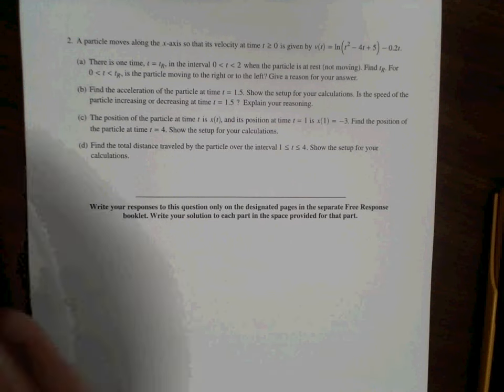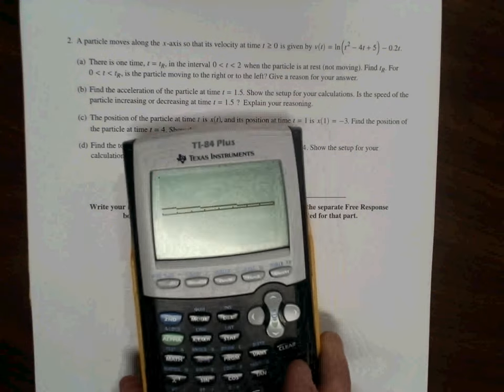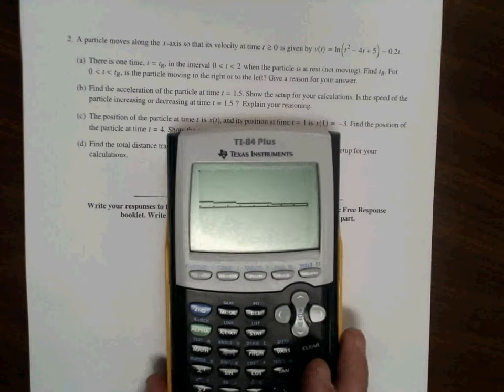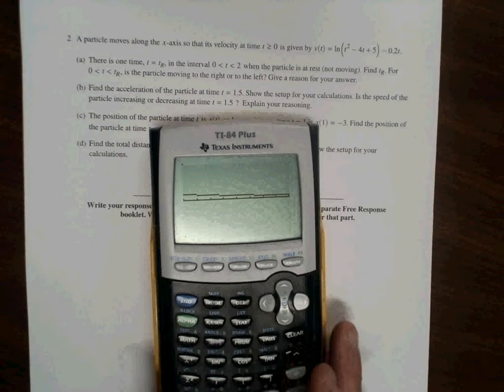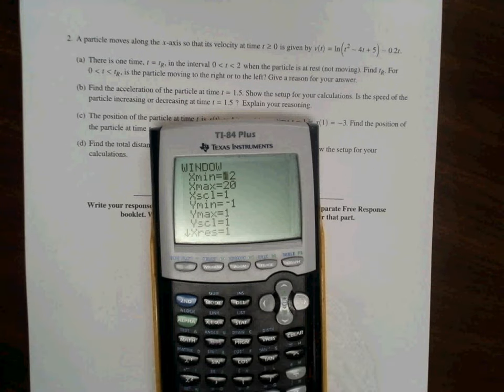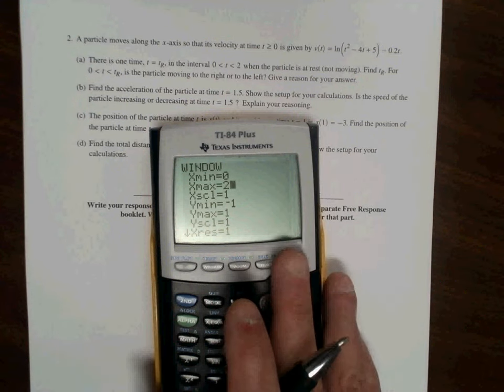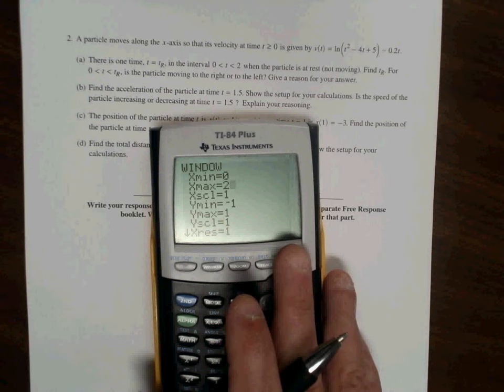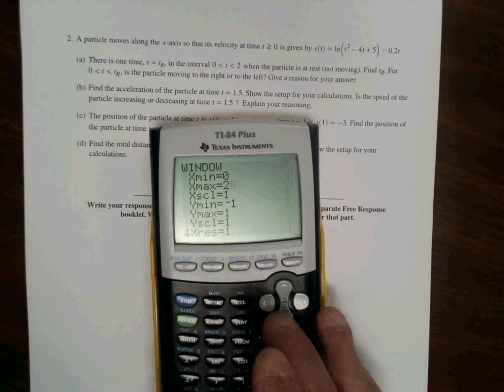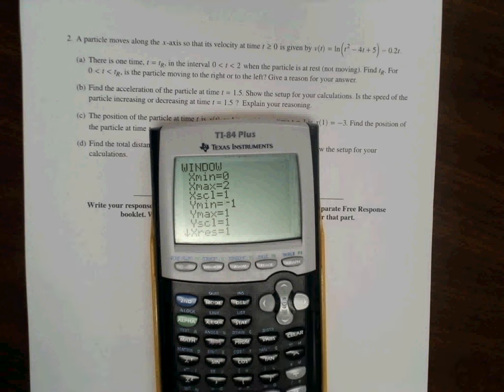So when your velocity is equal to 0, that's when it's not moving. So we're looking for, in the interval from 0 to 2, I'm going to set my x min at 0, my x max at 2. I don't know what this is going to be, a relatively small velocity, so I'm going to change my y min and max to -10 to 10, just to see what happens. We may have to change that.